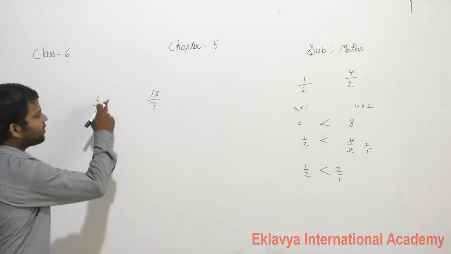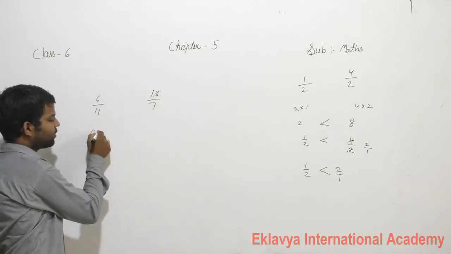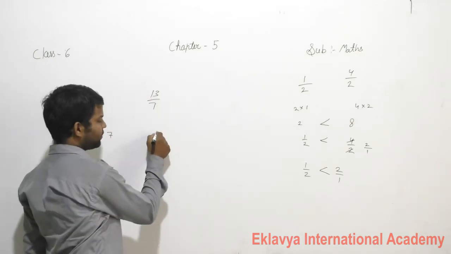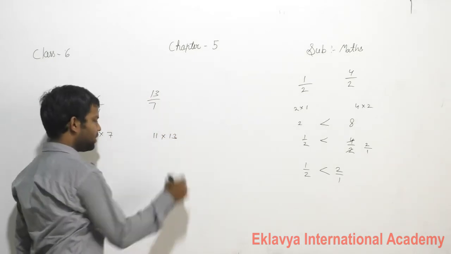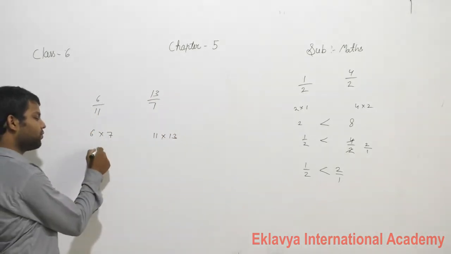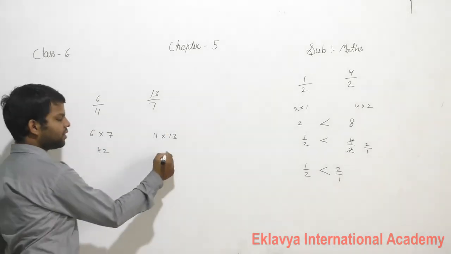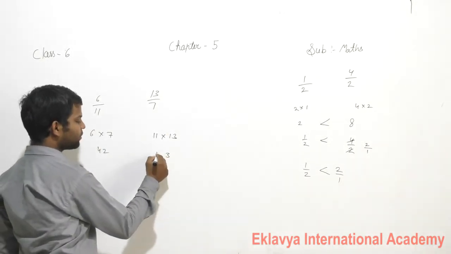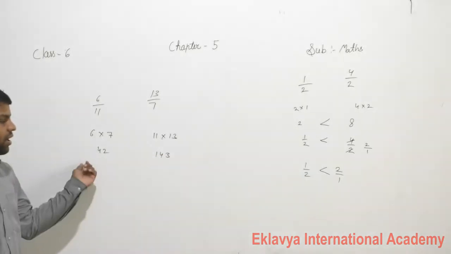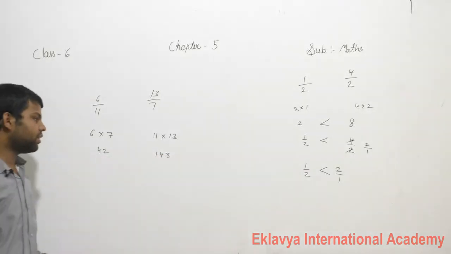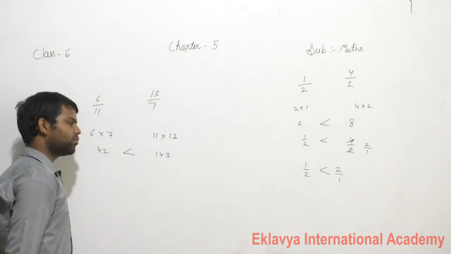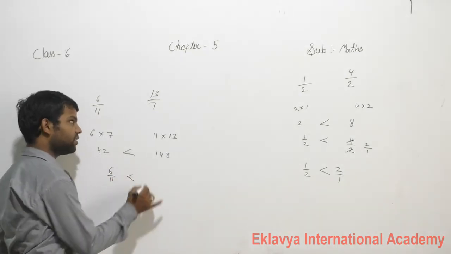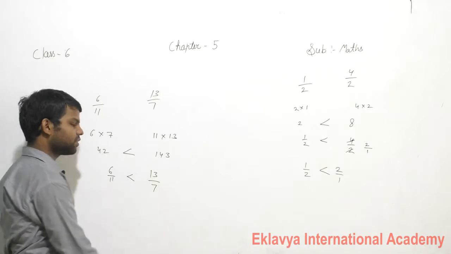The cross multiplications are 6 multiplied by 7 and 11 multiplied by 13. So 6 times 7 is 42, and 11 times 13 is 143. Here we got 143 is greater than 42. So we will put this sign, and we got 6 upon 11 is less than 13 upon 7.